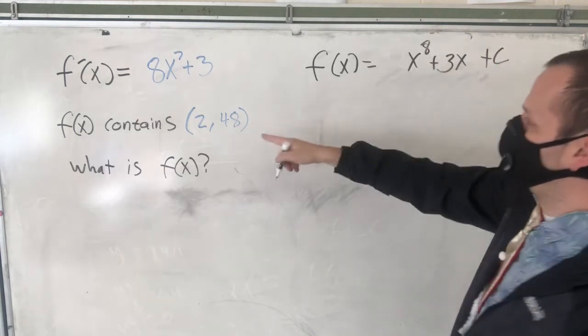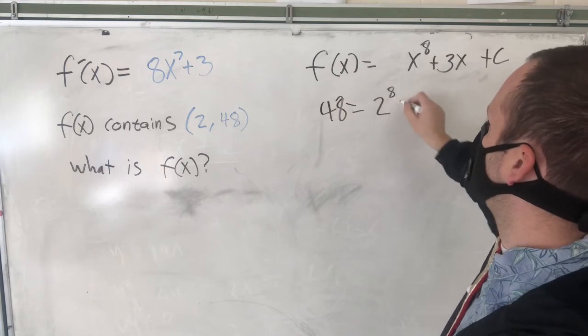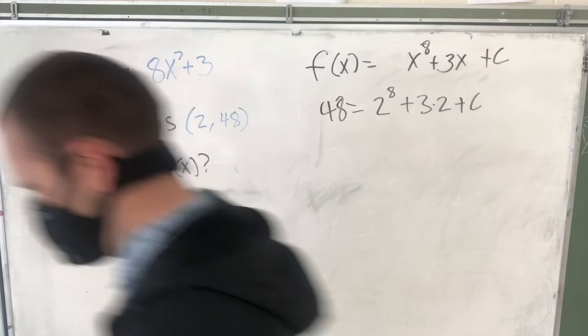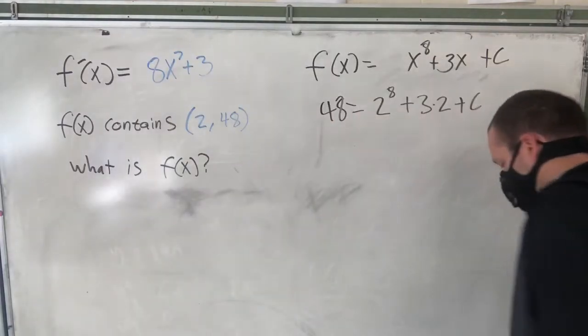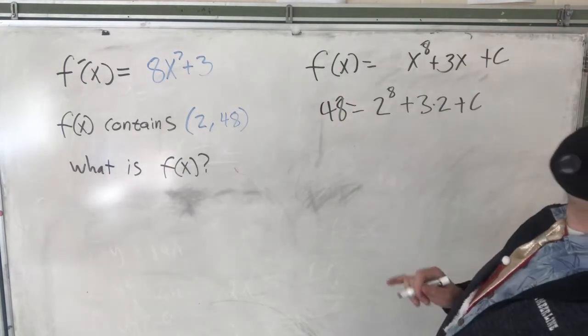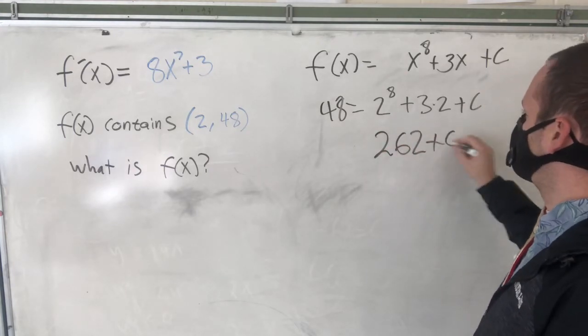Well, now I need to just go through and plug in these points. 48 equals 2 to the 8th power plus 3 times 2 plus c. 2 to the 8th power is 256. 256 plus 6 is 262 plus c.